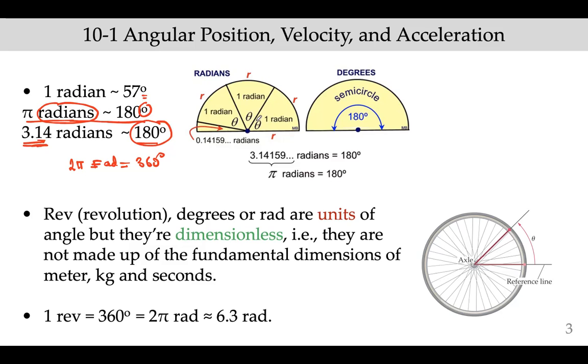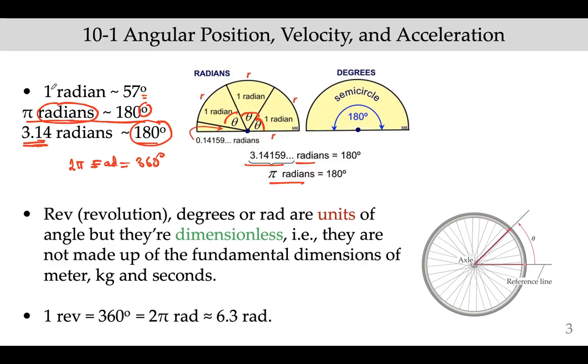So 1 radian is approximately this much angle. Of course, you need 3 and some more, so this part is 0.14, and it goes like this. You can either say pi radians, or you can say 3.14 radians for 180 degrees.